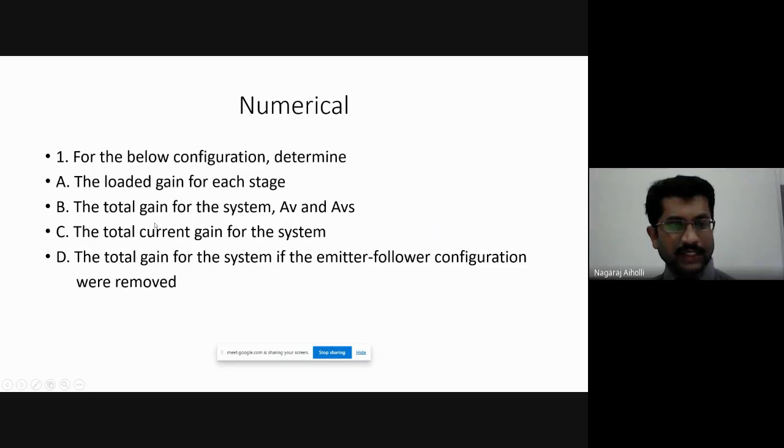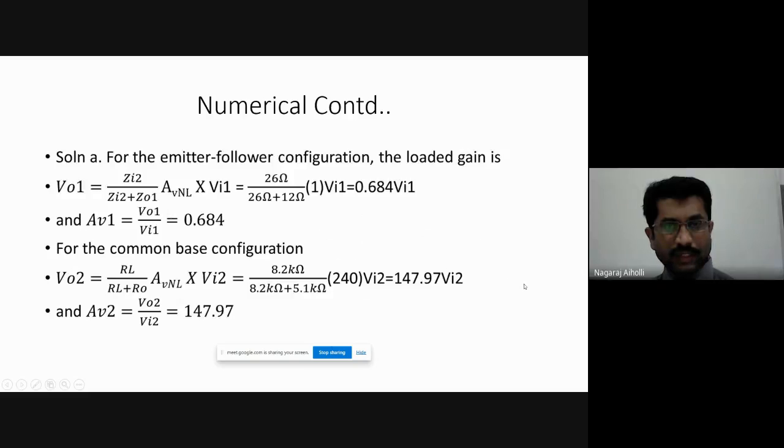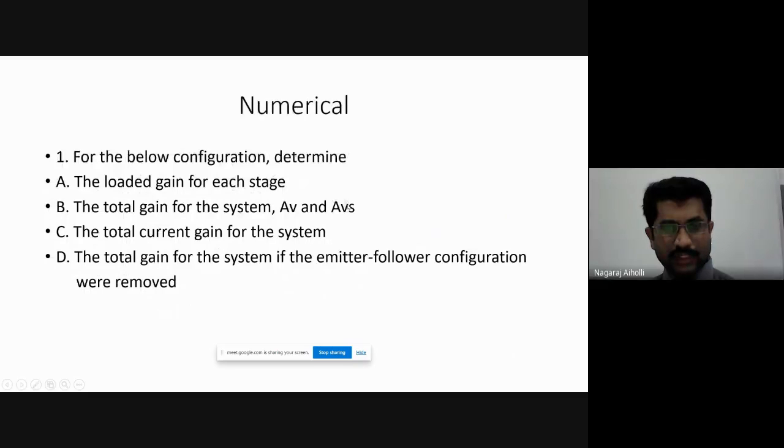And second part is total gain for the system. We know the total gain of the cascaded amplifier is the product of the gain of the individual stages. Then they have asked the AVS, that is, with source resistance, what will be the gain of the system.